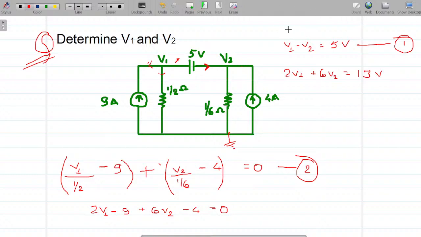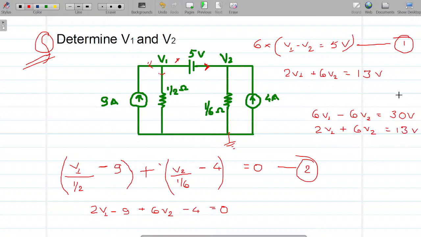So, in case we need to solve this question, what would I do? I would multiply this entire equation by plus 6, right? So, it becomes 6V1 minus 6V2 is equal to 30 volt. 6 5s are 30. And now we'll write V1 plus 6V2. I'm just writing it down from the above equation.